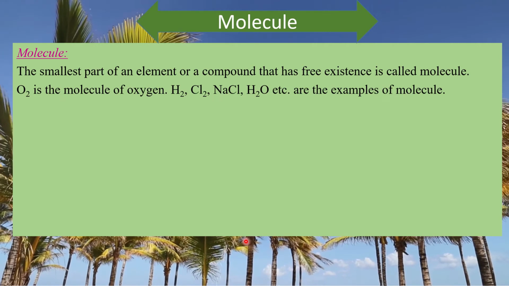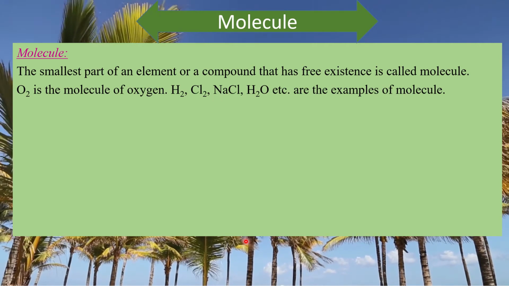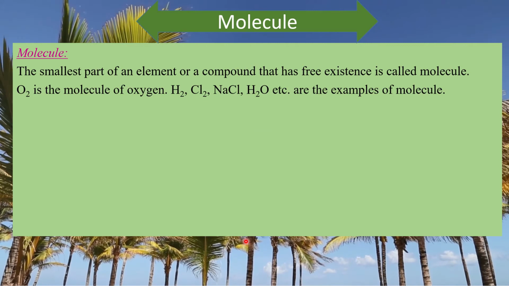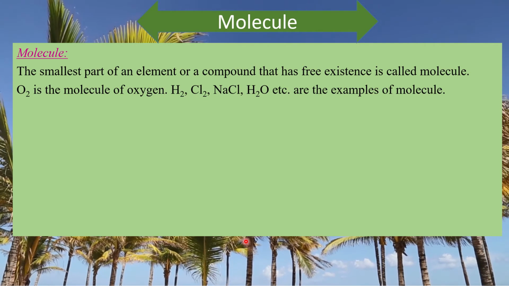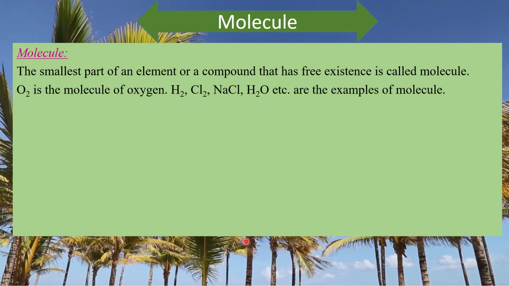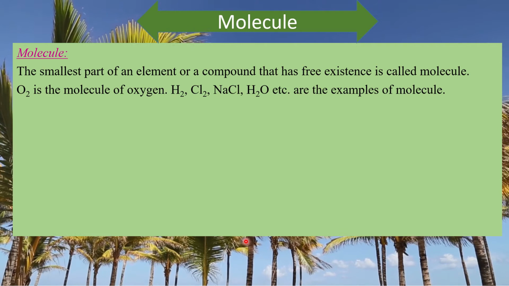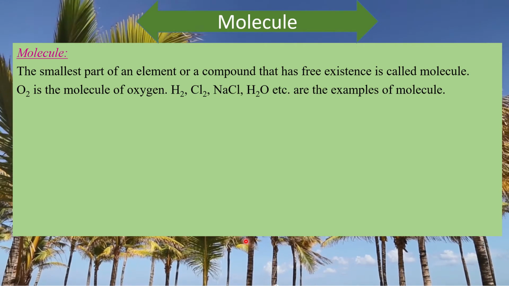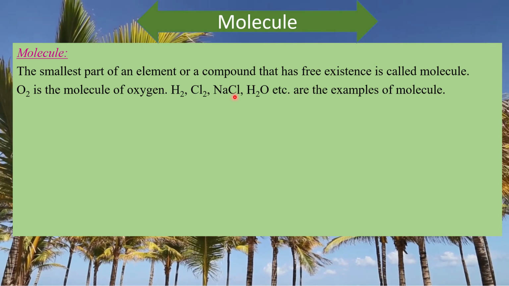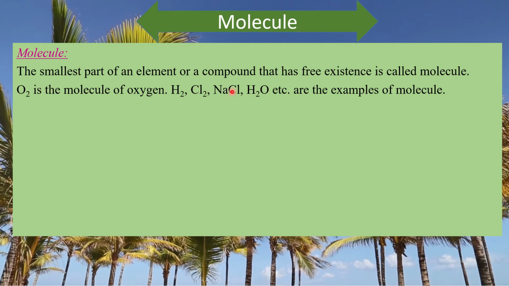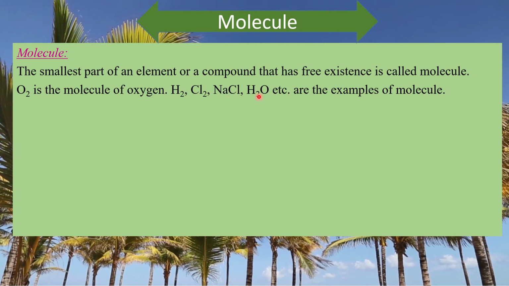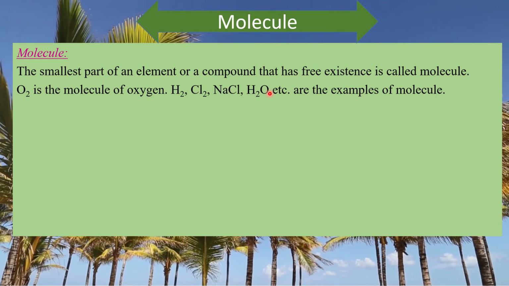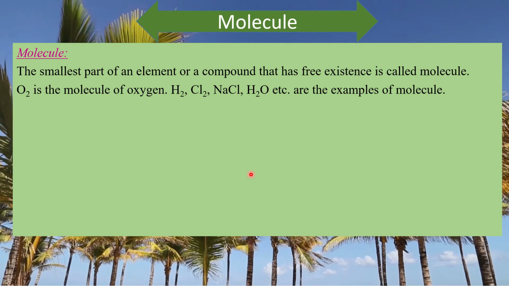For example, O2 is the molecule of oxygen, but only O is the atom of oxygen. H2, Cl2, these are the molecules of hydrogen and chlorine. NaCl, sodium chloride, is the molecule of salt. H2O is the molecule of water.